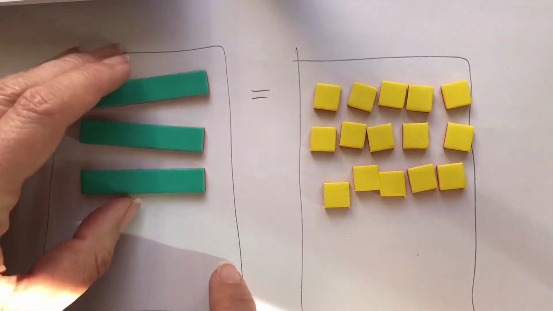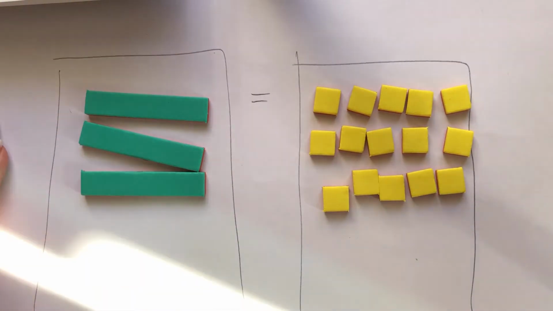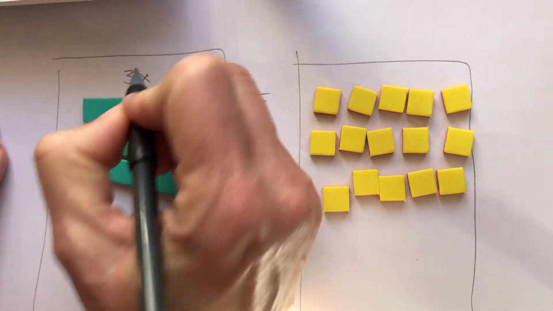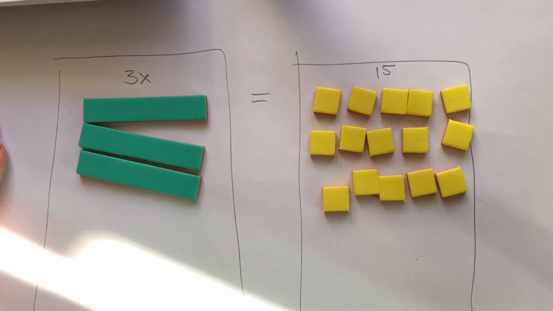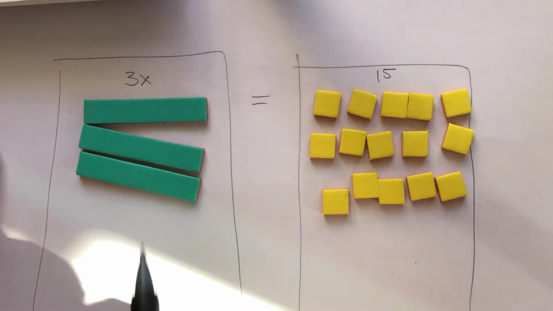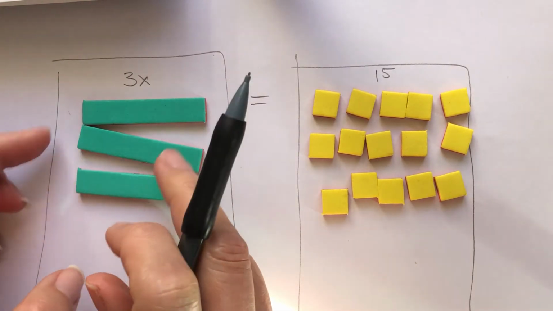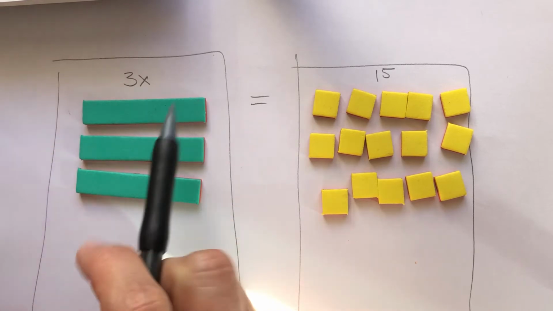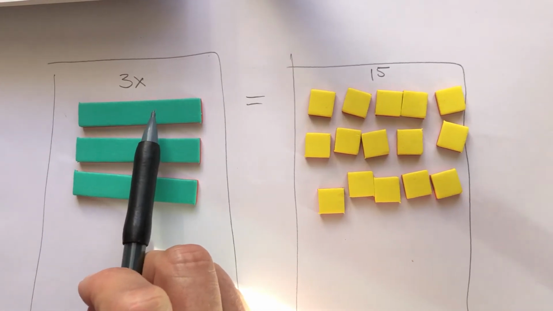All right, so I have 3x over here. 3x equals 15 over here. All right, so we need to find the value of one of these X tiles. That's our goal. We want to figure out what one of these green X tiles equals.